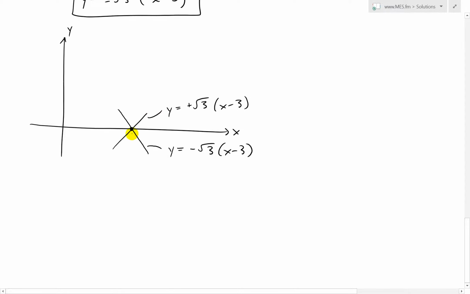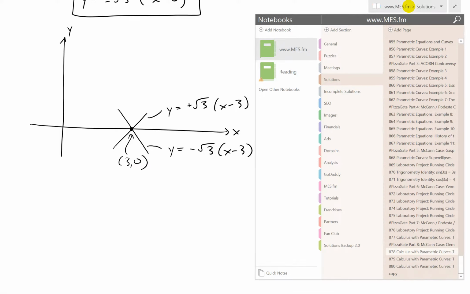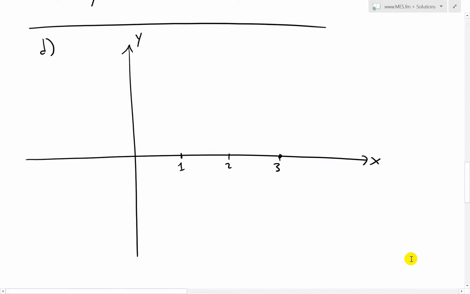At this point, this is at 3 and 0. Make sure to watch that earlier video for proof of that. So we have two tangents right here at 3, 0. I'll draw this in red just to signal it's a tangent line, and the tangent lines crisscross like that.